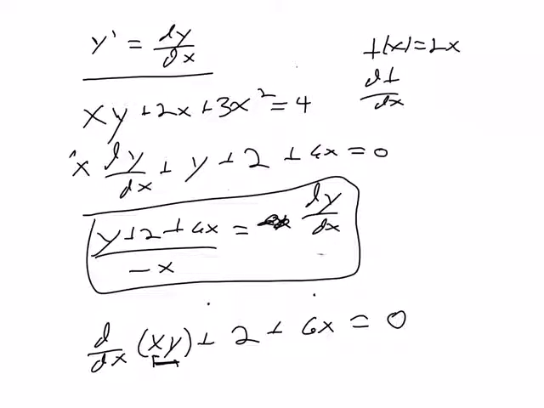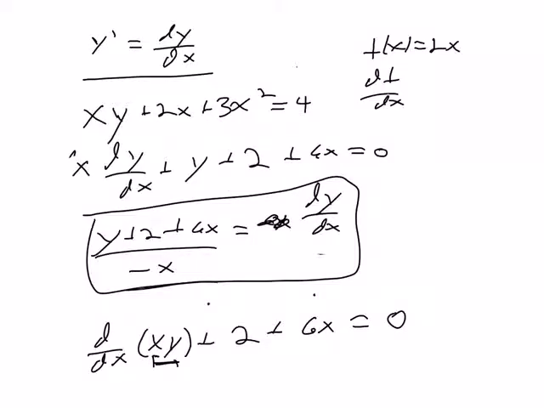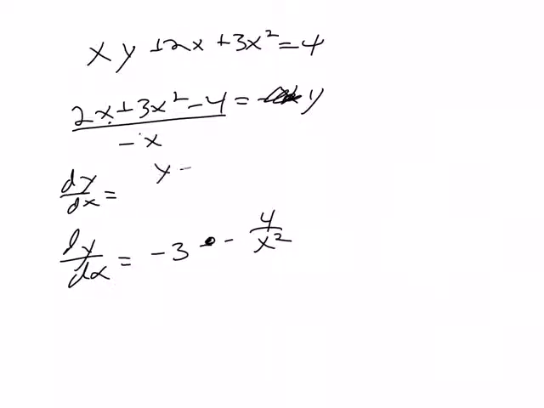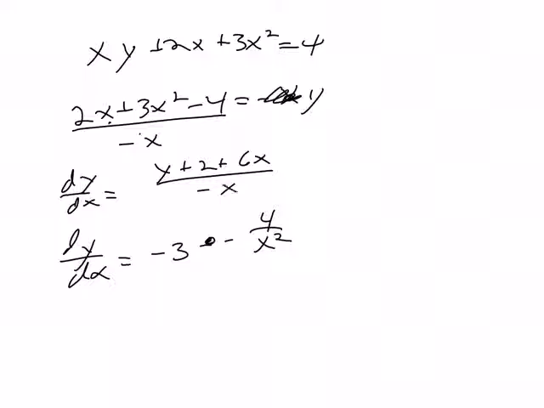So are these the same? So let's write that over here. Let us erase some of this. Right, in the other section we have dy over dx is equal to y plus 2 plus 6x over negative x.